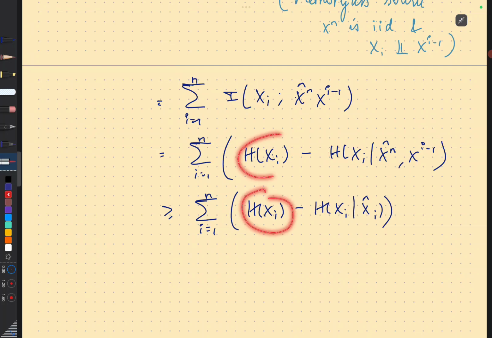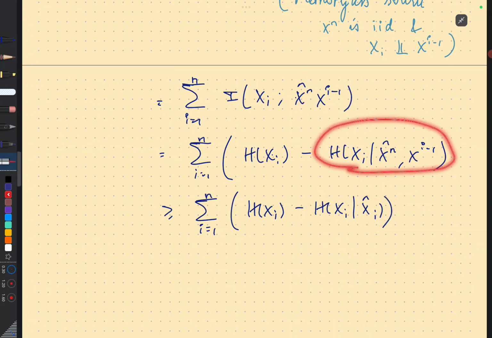Because this term is the same for both. So this is greater than or equal to this because it has a negative sign. Why is this true? Conditioning can only reduce entropy, right? And here I'm conditioning over more random variables. Here I'm conditioning only with respect to X_i hat.